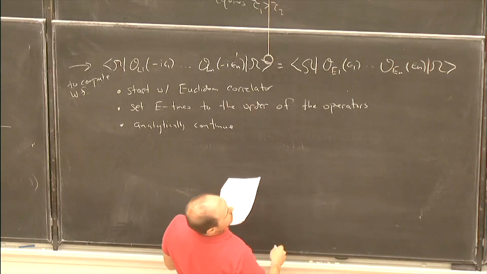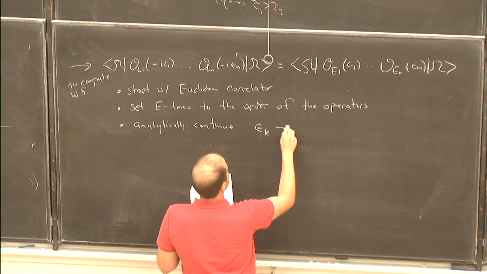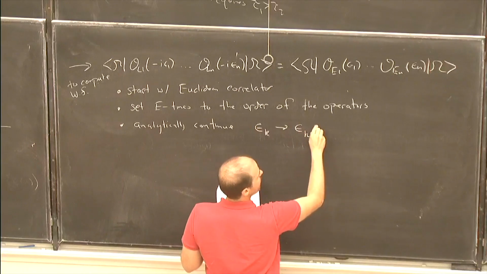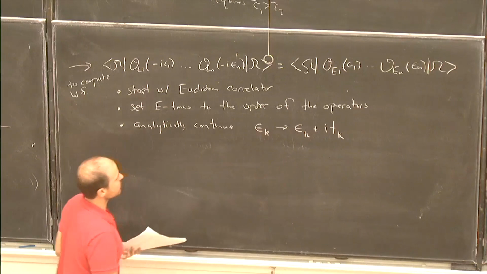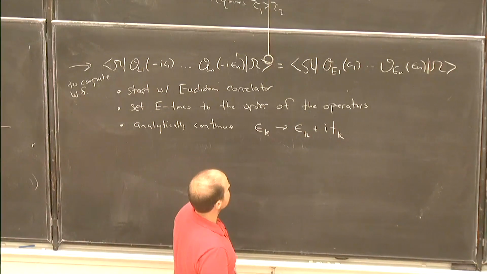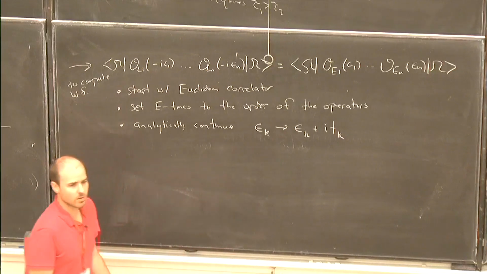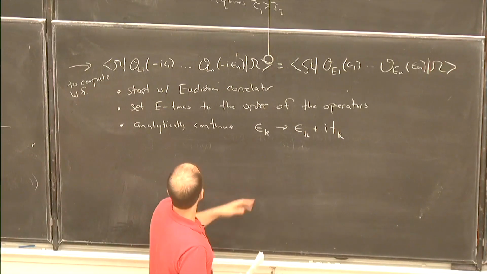Yeah, so we take these Euclidean times and we send them to the same Euclidean time plus i times t_k. This is perfectly okay because the operators are separated in Euclidean time, so the correlator is completely holomorphic in this region, so we have no problem doing this.